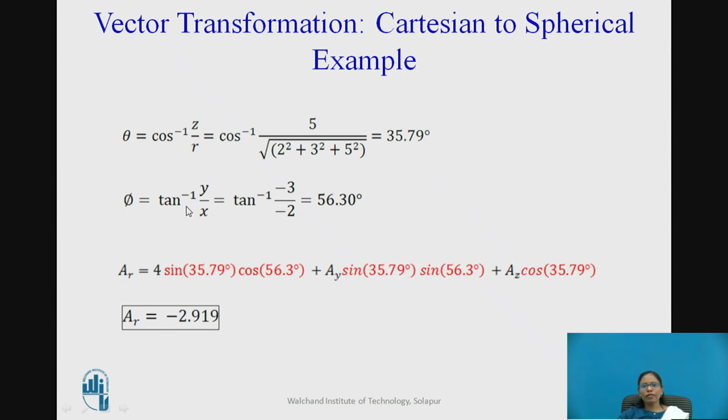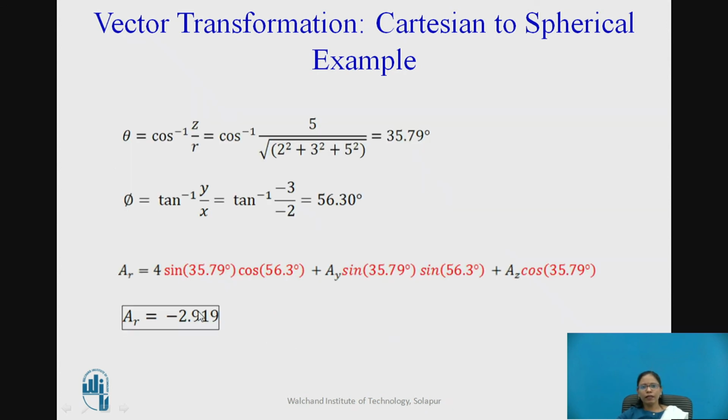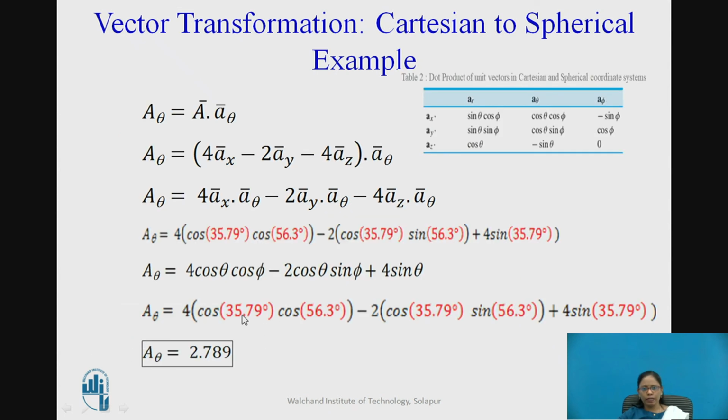In the same way, phi is tan inverse y by x. Y given to me is minus 3 and x given to me is minus 2, so that its value is 56.30. And in the equation of AR, I'll just put the value of theta and phi and I'll get this equation. And then I'll get the value of AR as minus 2.919.